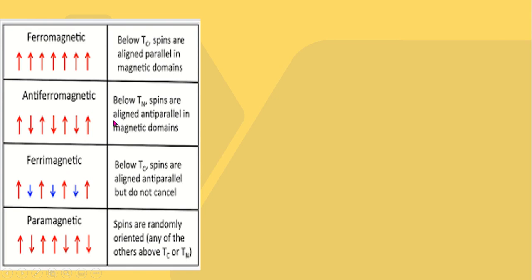Ferrimagnetic, so they will cancel each other's effect here. And a ferrimagnetic substance below Tc, that means Curie temperature, has spins aligned anti-parallel but they do not cancel. That's why a small magnetization appears in the direction of the field.